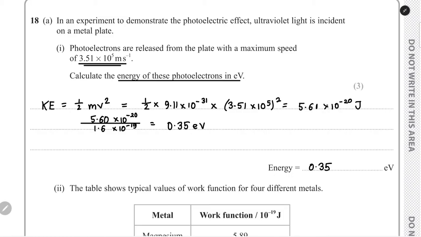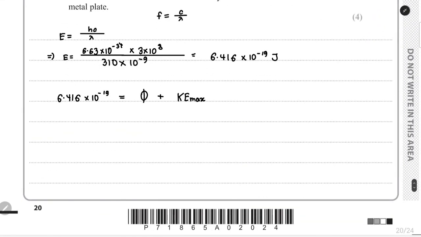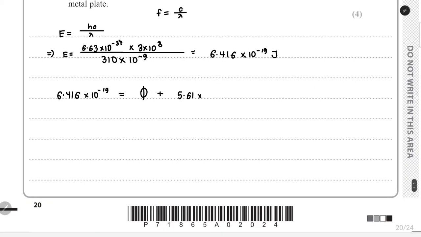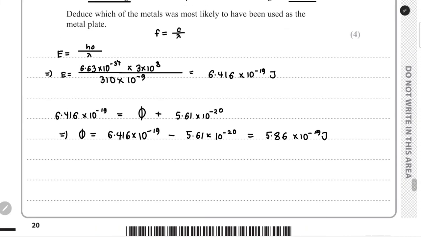If I take one more decimal place, this will be 5.61 into 10 to the power -20. From here I can find the work function. This is 6.416 into 10 to the power -19 minus 5.61 into 10 to the power -20. This is 5.86 into 10 to the power -19 joules.